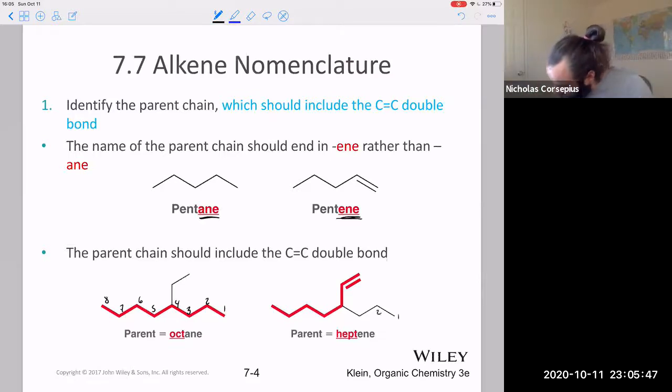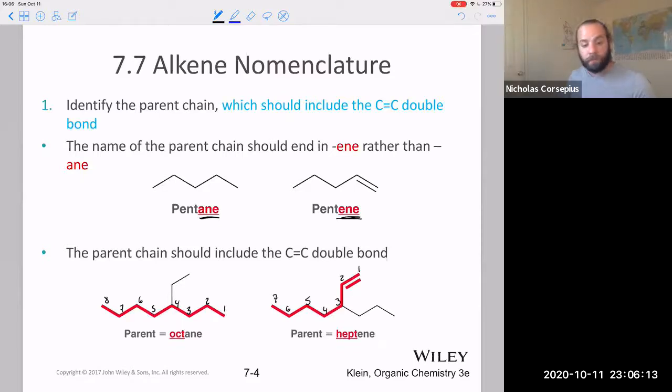Notice here we still have that 1, 2, 3, 4, 5, 6, 7, 8. Our longest chain of contiguous carbons is still 8 carbons long, but numbering the parent chain this way would not include the double bond in the parent chain. So this is not the correct way to number. We're always going to number such that that double bond is included in our parent chain.